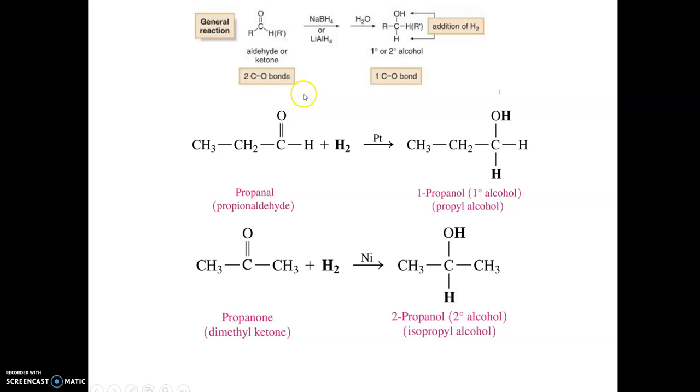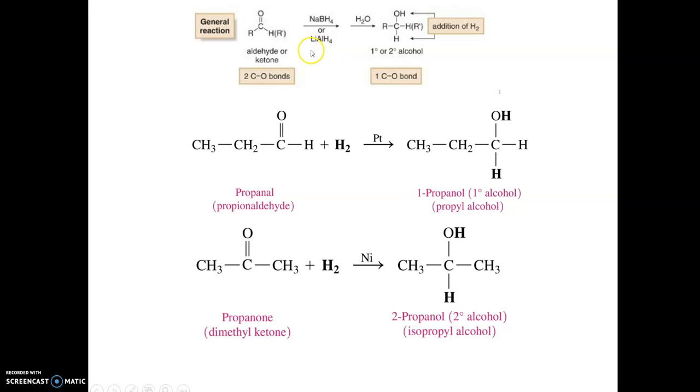So the general representation of a reduction reaction is as follows. I take an aldehyde or a ketone. In an aldehyde I have a hydrogen; in a ketone I have an alkyl or an aryl group. The carbon is double bonded with an oxygen, where we have one sigma and one pi bond.